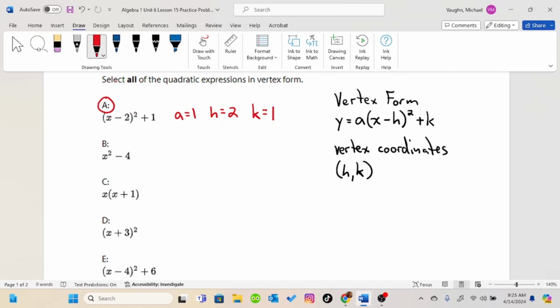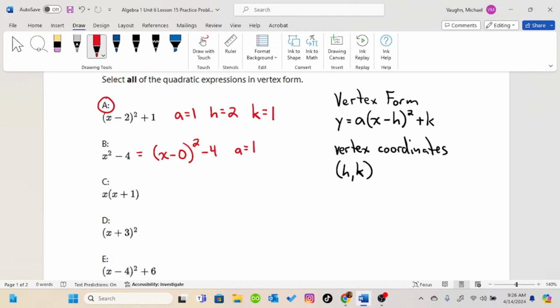Next, we can look at B. In B, it might help if you thought about it being written as x minus 0 squared minus 4. Now, this might help you see that a equals 1. That's why you don't see a number.